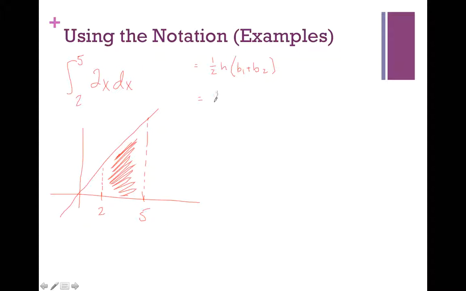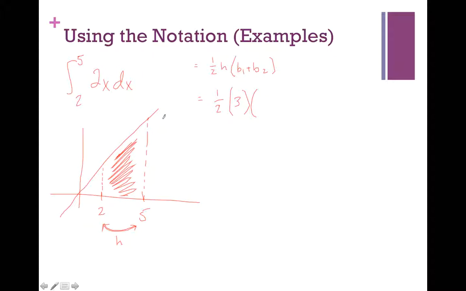So what is what? Is h the height of this trapezoid? The height in this case is this distance here, because we're looking at it on its side. So h is 3, the difference between 5 and 2.